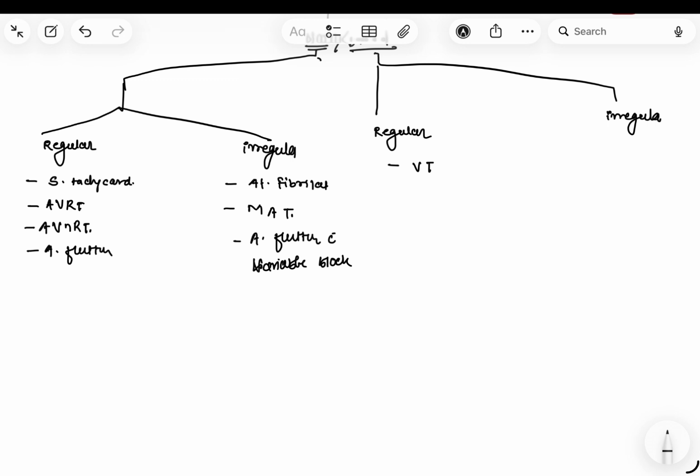It is ventricular tachycardia. Then it is antidromic AVRT. Then it is any supraventricular tachycardia with aberrancy.